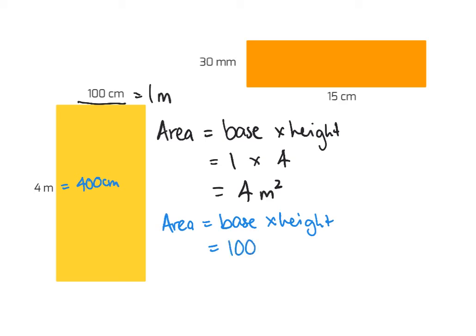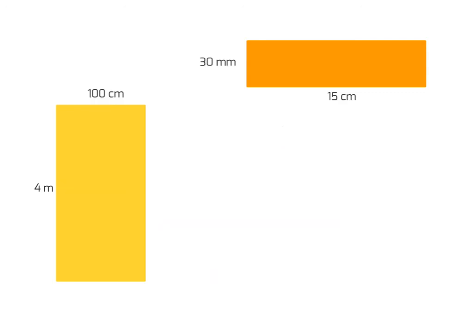Sorry, I don't need to write the units in right now. 100 times 400, which would give me 40,000 centimeters squared. That one looks a bit crazy, but nevertheless the right answer, because if I then converted this back into meters, I'd get the same answer. So there we go.